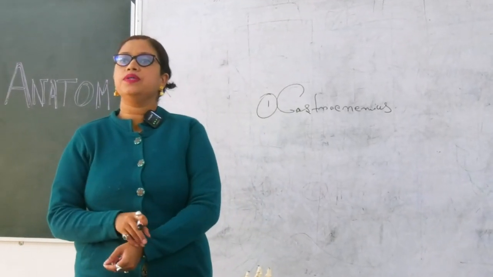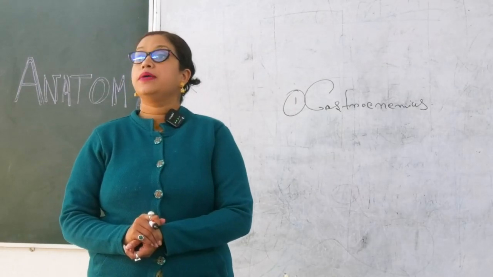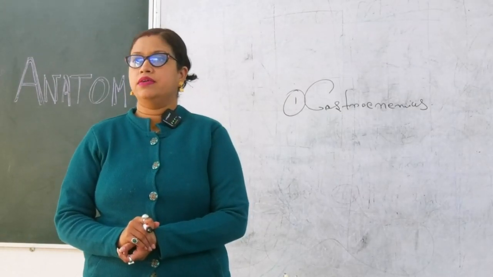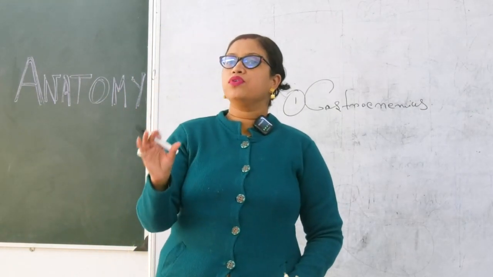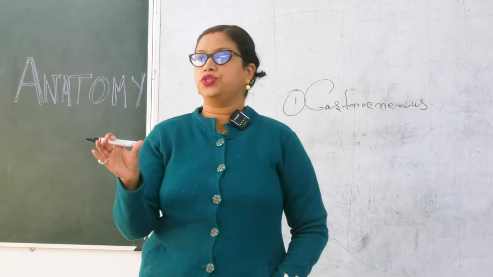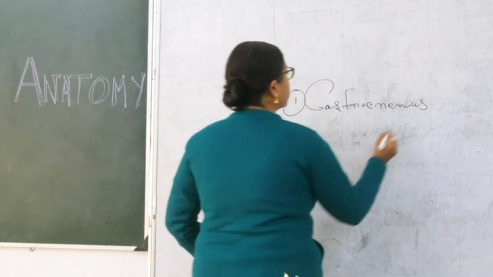Which one is larger, medial or lateral? The medial head is much larger than the lateral head. You have to know this. So gastrocnemius has 2 heads.